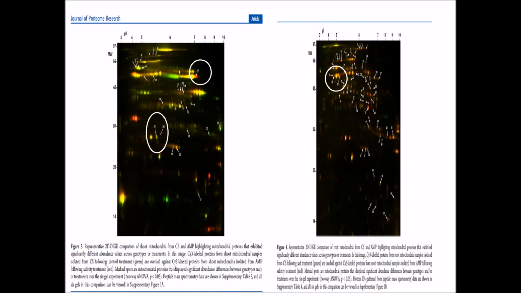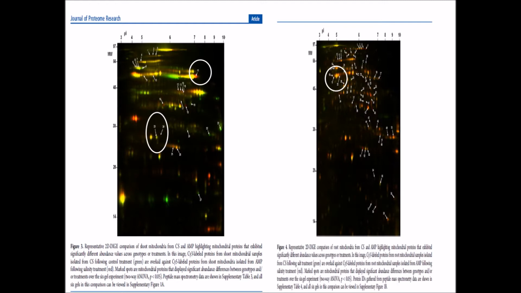Figures 3 and 4 are the images of 2D DIGE, where the marked circle, Cy3 labeled, shows a green colored spot from CS control treatment, and Cy5 labeled, a red colored spot, shows protein from AMP salinity treatment.